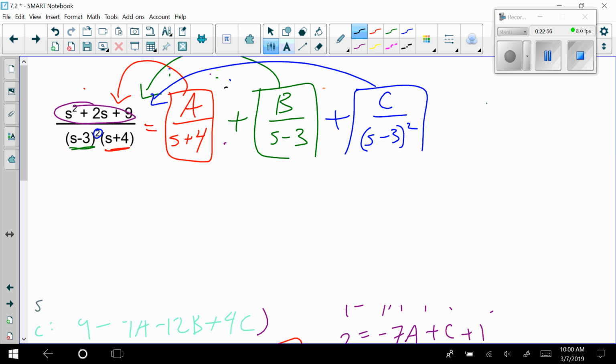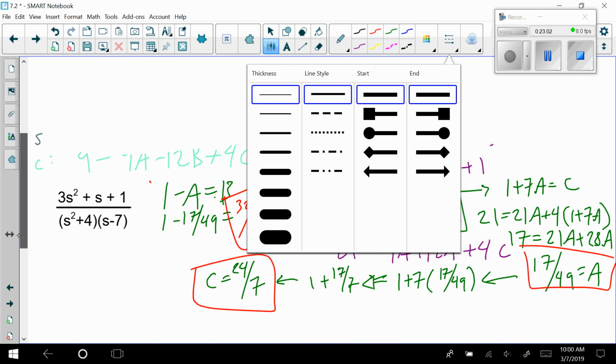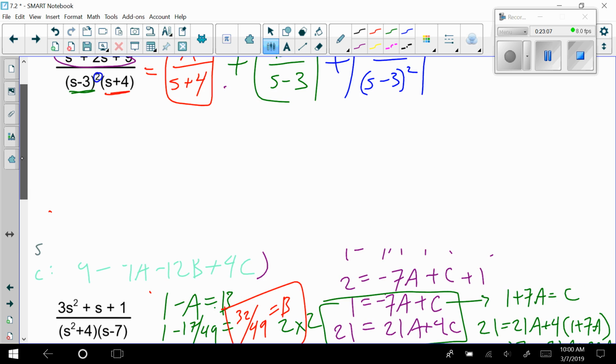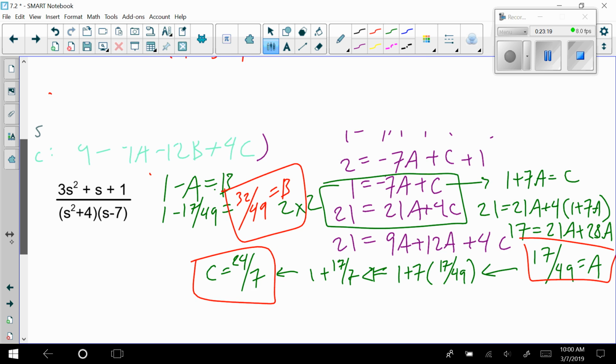Now, I got some space, so I can actually fill this thing in. What was A? Well, A was 17/49. So I'll write 17/49 times 1 over s plus 4. B comes next. What was B? B was 32/49.